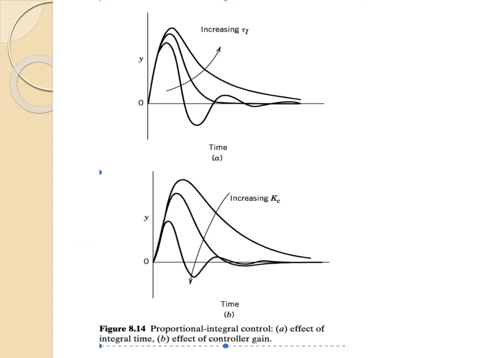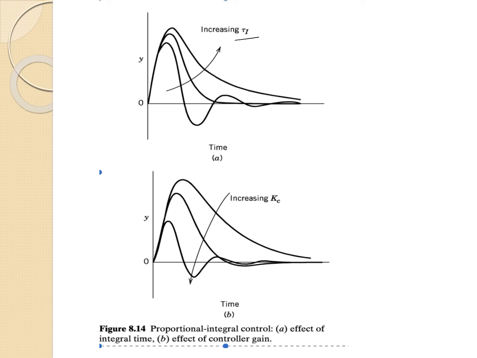Okay, so if we tune by increasing the integral gain, the instability will be reduced, but the overshoot will be increased.